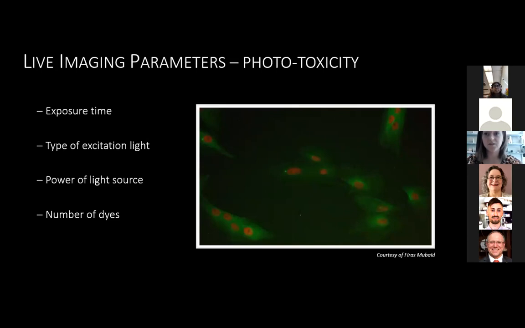So the way that we deliver that light to them is incredibly important. One of the things that we need to consider is the exposure time. In this example, we have cells that were imaged with a very long exposure time, really high power light. And every time that green light disappears in the video, that's an example of a cell that is dying.